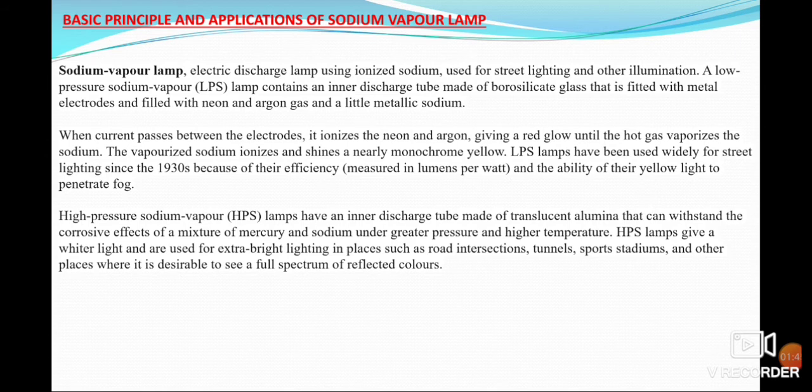So we must remember that for a sodium vapor lamp, the gas color changes from the beginning to the final color. The initial color, that is when the lamp is about to glow, will give a red glow, and when the hot gas vaporizes the sodium, for the final glow it will give a monochrome yellow color.